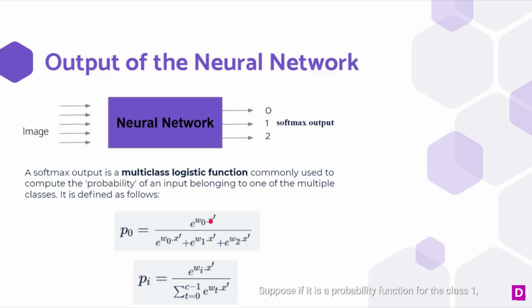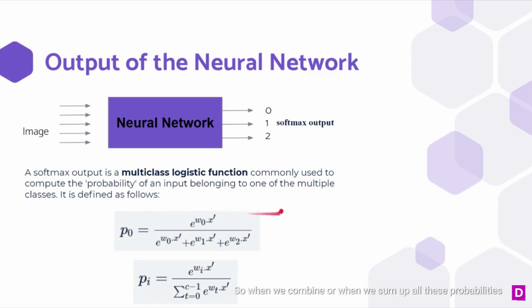Suppose it is the probability function for class 1, then the only change we will make is the numerator, exponential to the power of w1 into x dash, and the denominator remains the same. What if it is for P2? The same thing, the denominator remains constant, and the numerator will become e to the power of w2 into x dash.